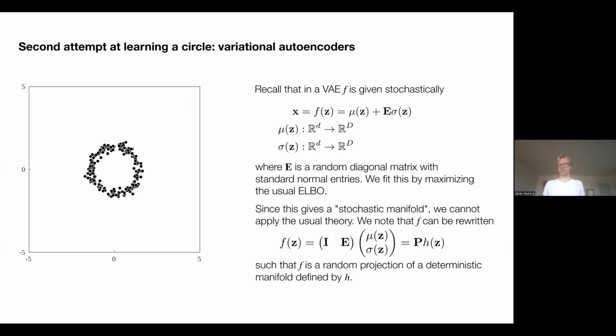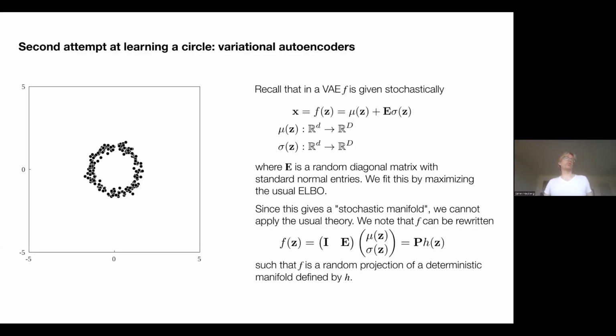So what that means is that you can think of the variational autoencoder as being something that decodes, that maps into a space that's given by a mean and a standard deviation, and observations are then generated by a random projection from that space into the observation space.